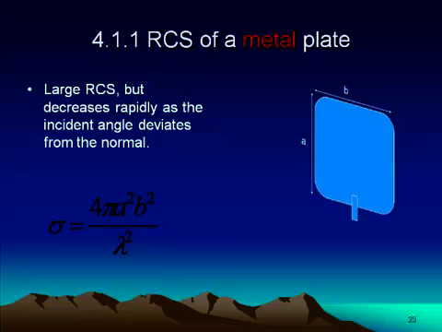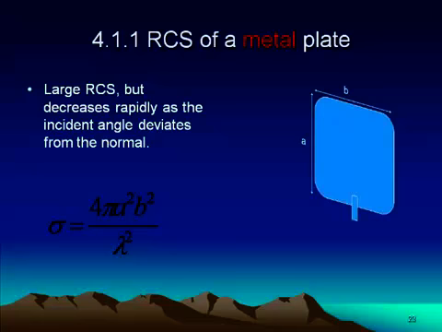If you take the RCS of this target, then you will get a very large RCS value because it's going to reflect a good amount of signal. So its RCS value is going to be simply AB.